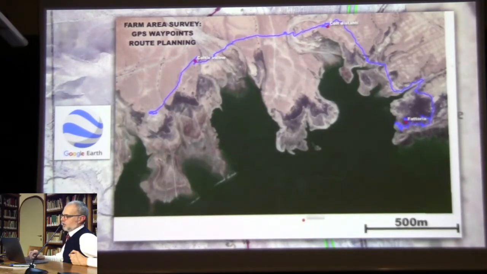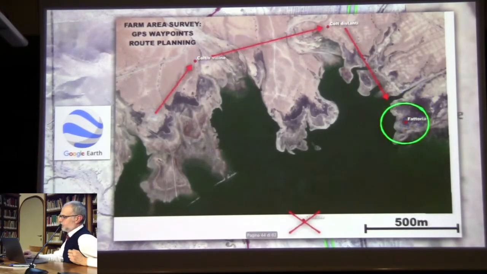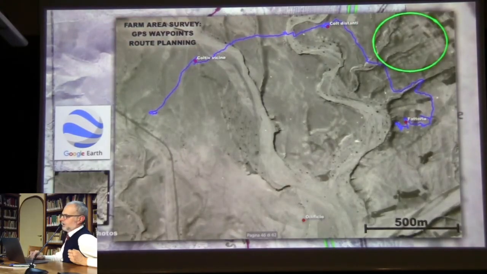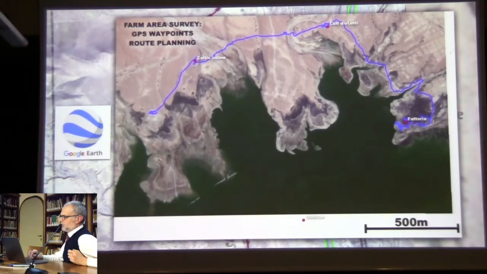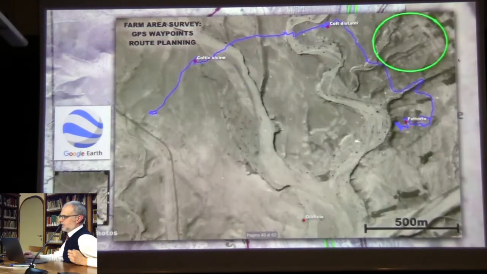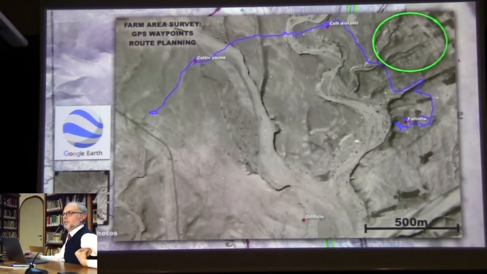This is one of the most recent satellite pictures. If I compare it with the photo from the 70s, and you focus on this area, you see that the ancient cultivation remains almost identical. And I use the traces of the ancient cultivation to georeference these pictures precisely.